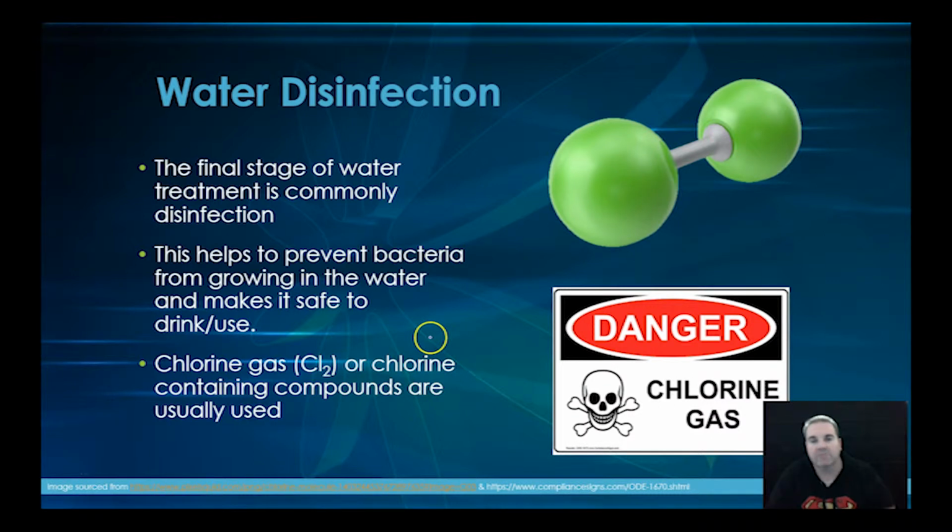Okay, and not only does it kill off bacteria that's in the water, but it also prevents bacteria from growing and makes it safe for us to use. So sometimes when you turn on the tap you might smell a bit of chlorine smell, depends on how much they've had to treat it that day, as to whether you'll actually be able to smell it or not. And chlorine is quite a poisonous gas. It was used during World War I as one of the toxic gases, but obviously we're using it in much more controlled ways when we're looking at water purification.